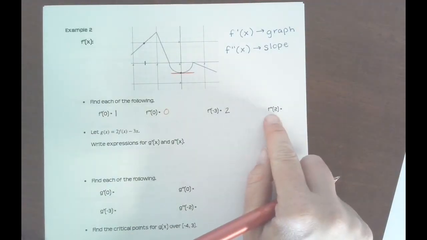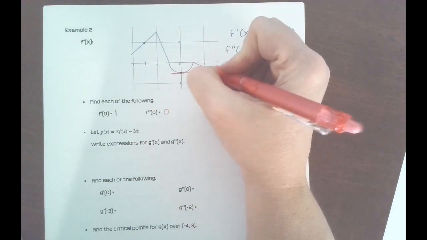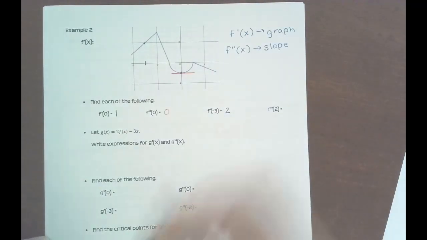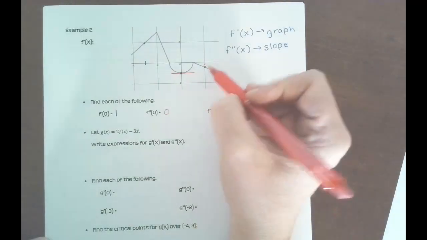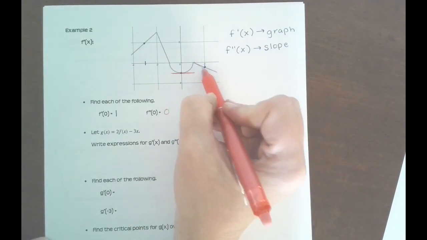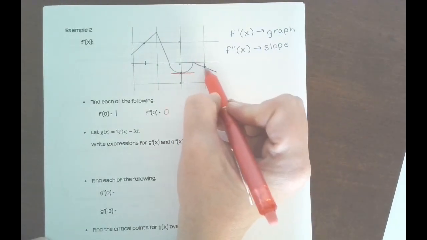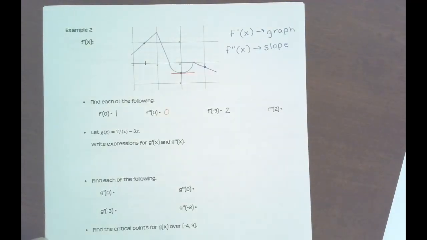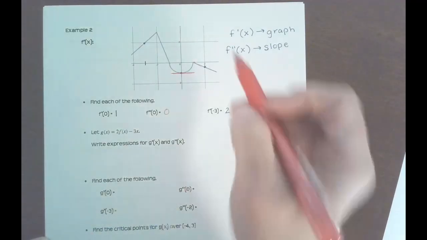F double prime of 2 is going to be, let's see, right here. Since that is on a straight linear segment, this is the other time that I can ask you for a slope. I can find the slope of this segment, and that represents the slope at 2. When you have just a straight line, that slope is constant, so I can find that.